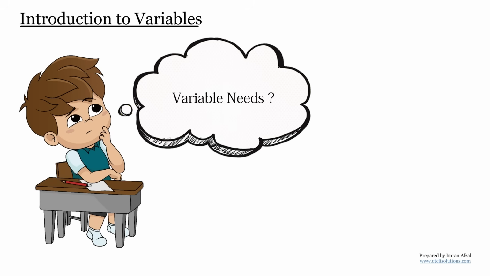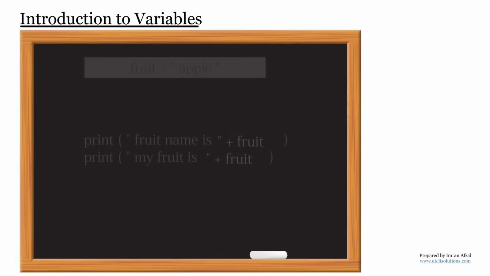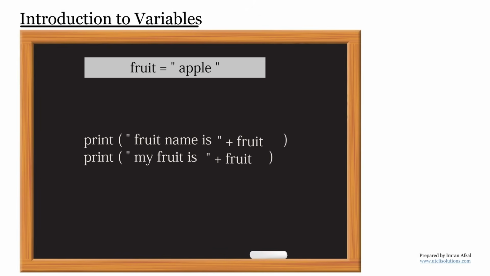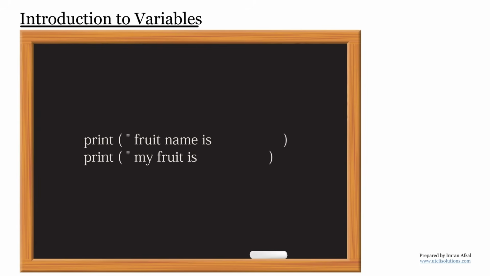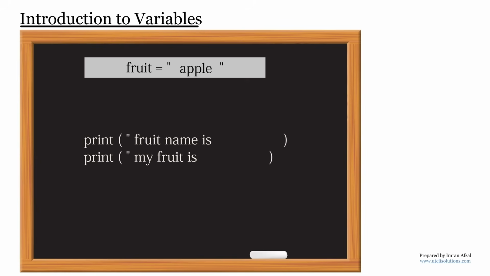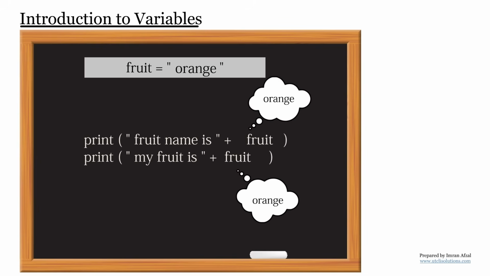Think of this. Let's say you are using a variable, fruit = "apple", right? Let's say if you don't have that variable, and for that purpose you're using apple everywhere in the code. And if you want to change that from apple to, let's say, orange, you're going to have to change every instance of that apple to orange.